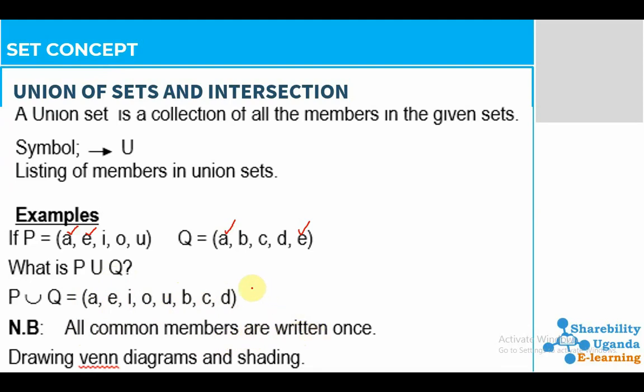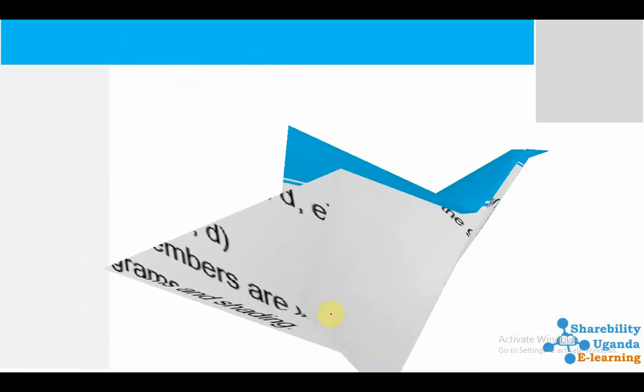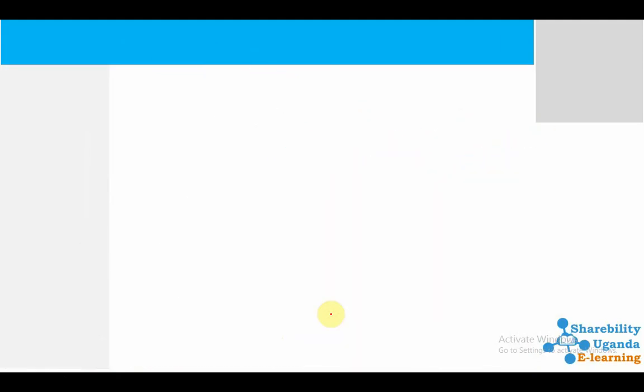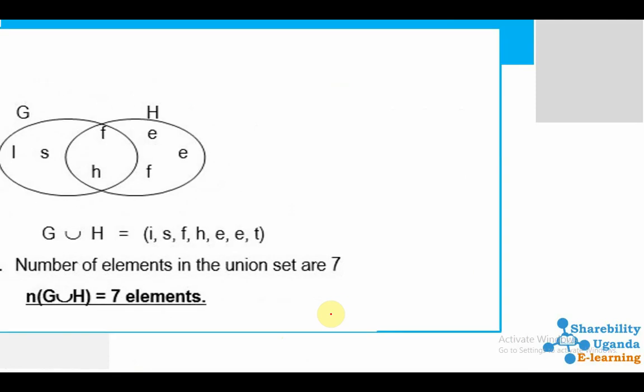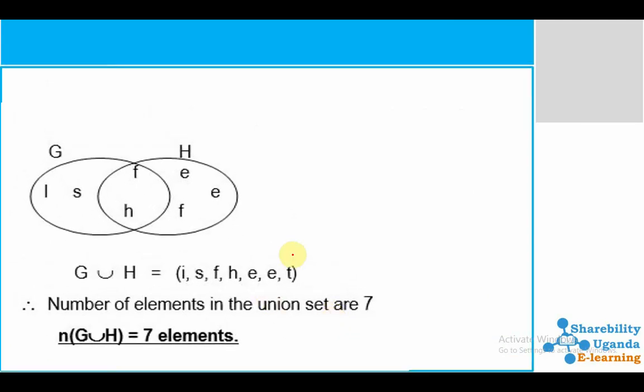That's what I was saying here, that you write a member once, even if they are common in both sets. In all sets, you write them once. So here we shall also continue about drawing Venn diagrams and shading. Okay, so that is good. Okay, we have another example here.